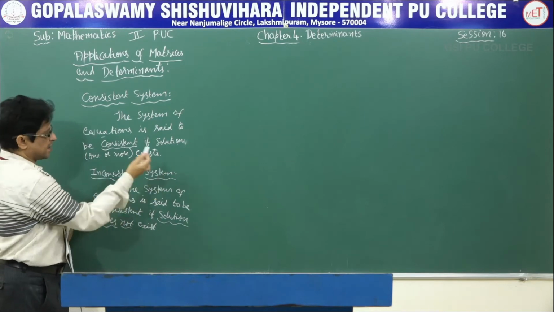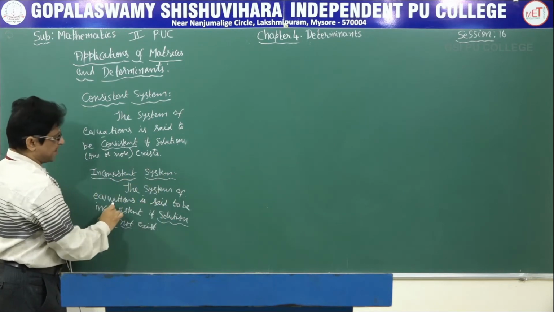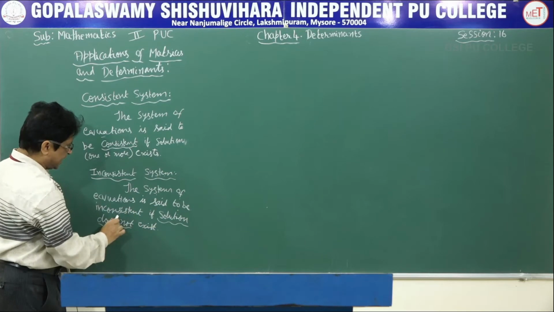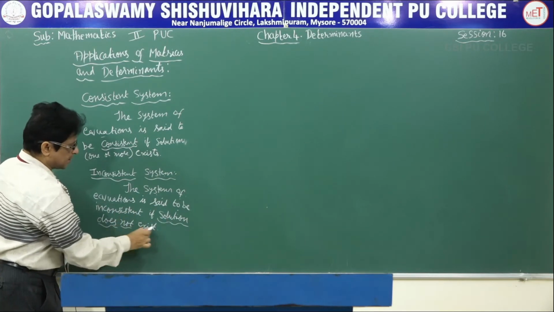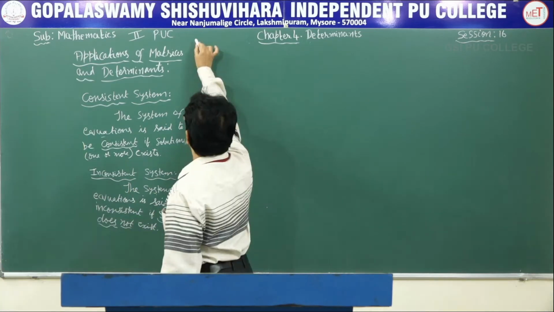So, inconsistent system means the system of equations is said to be inconsistent if solution does not exist.